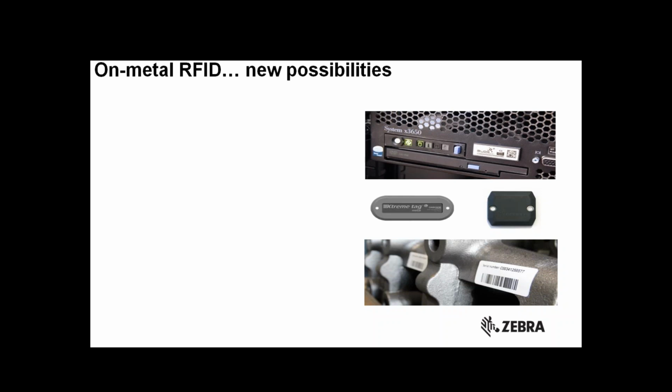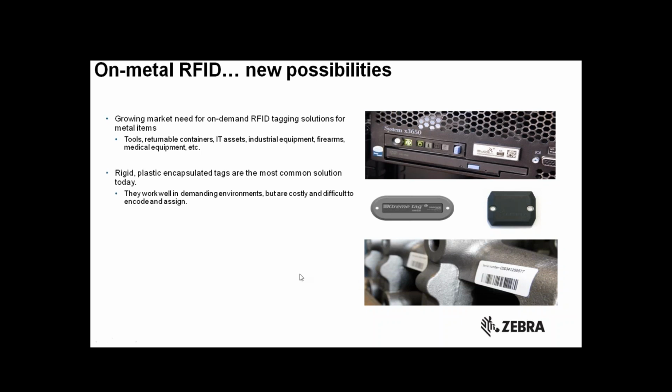When you think about an RFID tag on metal, the challenge is that the radio frequency cannot differentiate very easily between the data coming back, or it can actually get diffracted by the metal behind it. Now, we have seen a big demand from our customers to be able to put RFID tags on tools and on assets, as well as medical equipment.